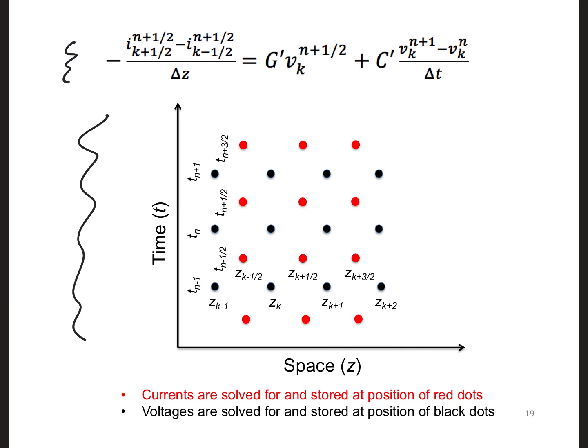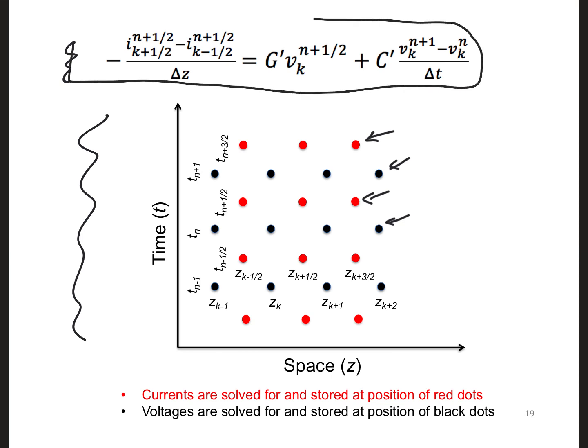So if we need a current or a voltage somewhere, we can only get them at these specific locations where we've decided to store them. We can't get them at other locations. So if you carefully look through all of these terms, have we fulfilled our goal of only using voltages and currents that are stored in our computer, or are there any problem terms where we're calling on a voltage or a current that is not stored in our computer?